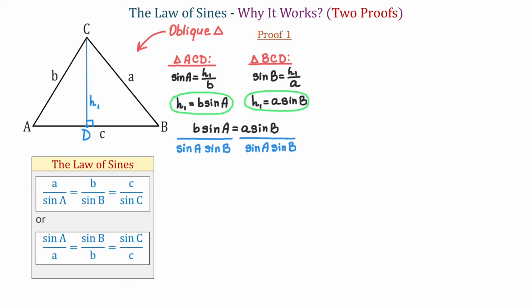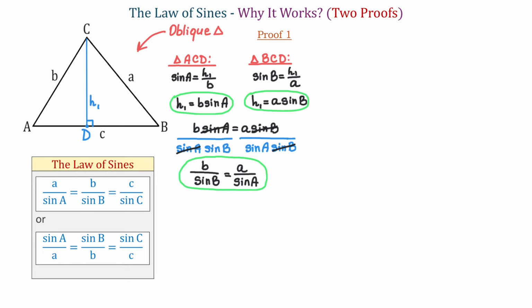Then on the left side, sine of B will cancel, and on the right side, sine of A will cancel. And now we have b over sine of B equals a over sine of A. And these are two of the ratios that we see in the law of sines.